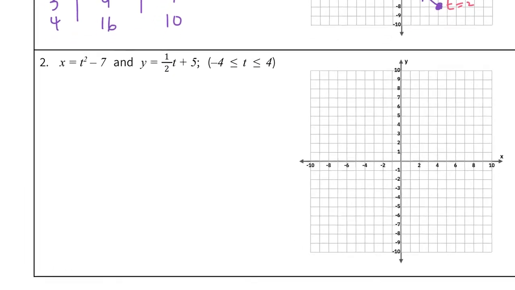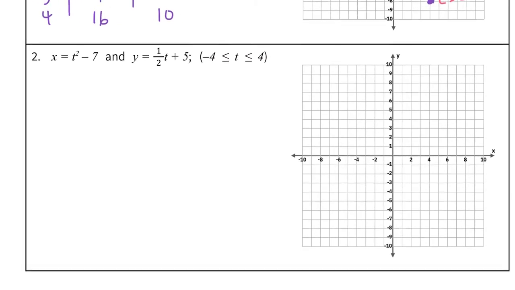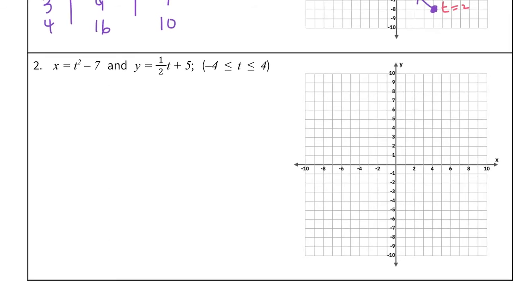Let's look at our next one. X is equal to t squared minus 7. Y is equal to 1/2 t plus 5. And our interval is -4 to +4. So just like before, we're going to make a table with 3 columns, t, x, and y.